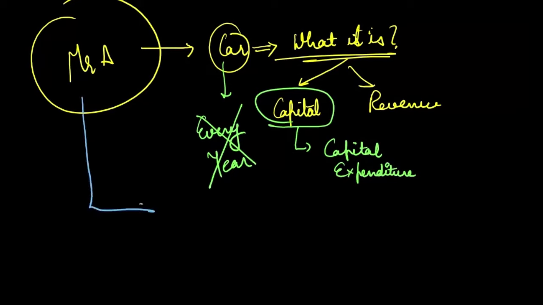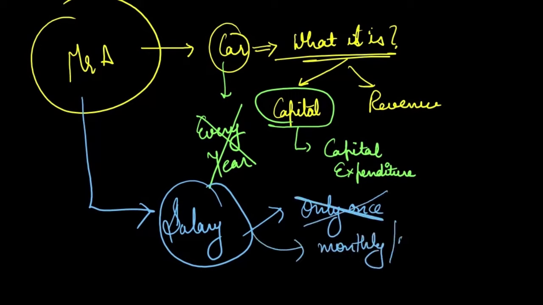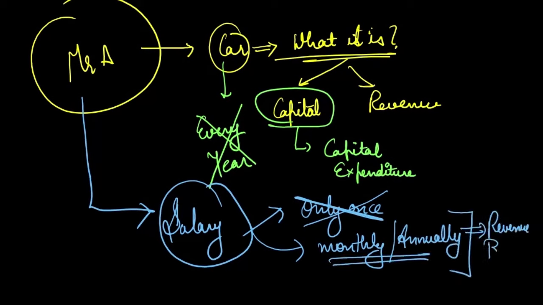But if he gets salary, does he receive it only once? No. He will get it on a monthly or annual basis. So this is revenue receipt. So expenditure जब पैसा जाए, receipt is something जब पैसा आए.